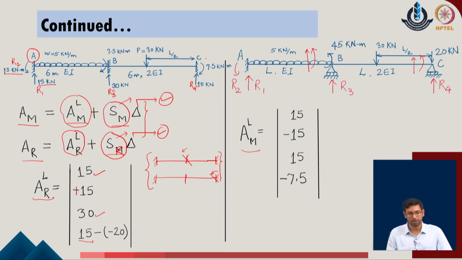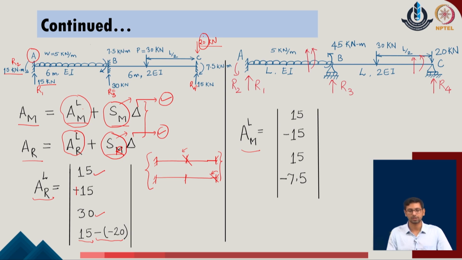But at the same time we understand that there was an active joint load at the position of C, which was having a load of 20 kilonewton, and we include the contribution of that as well in this part, which is provided with respect to the minus of minus 20, because it is the contribution of the load.